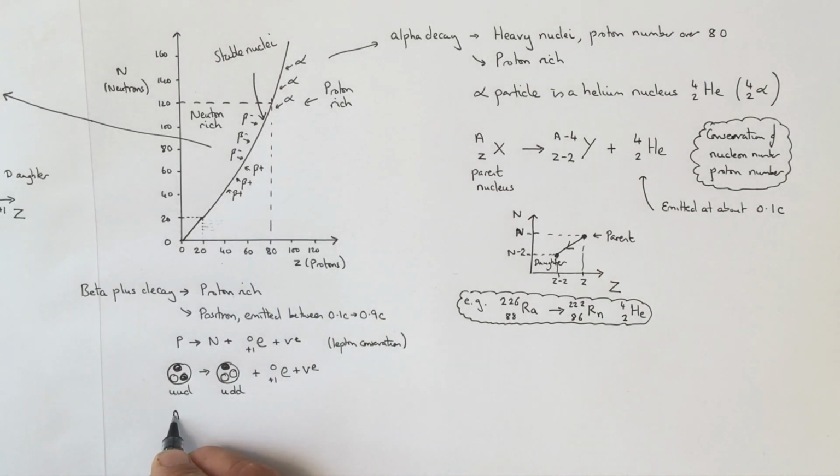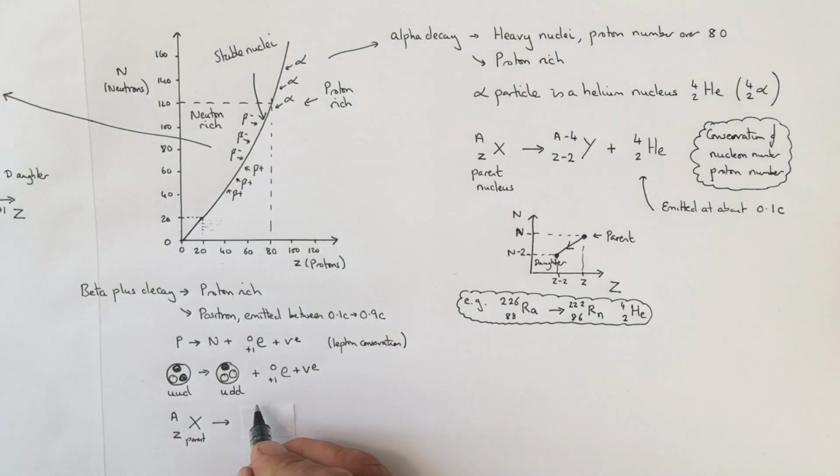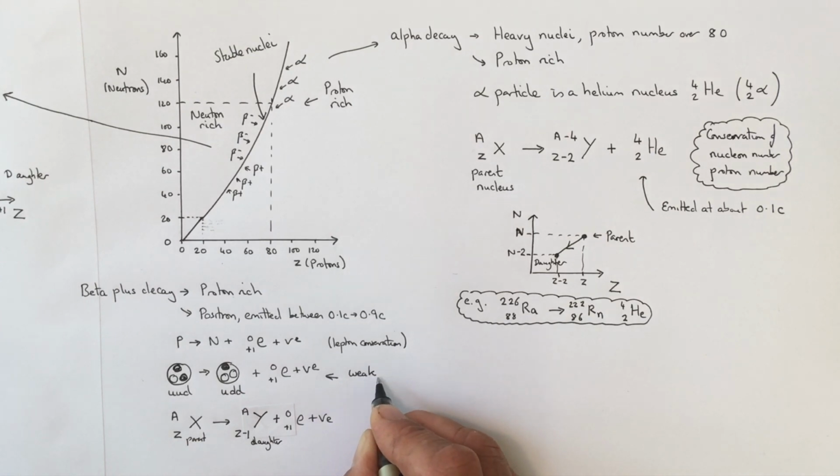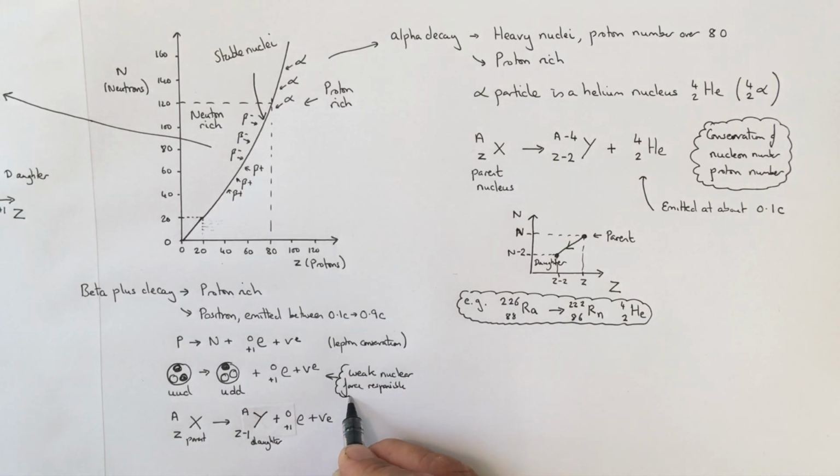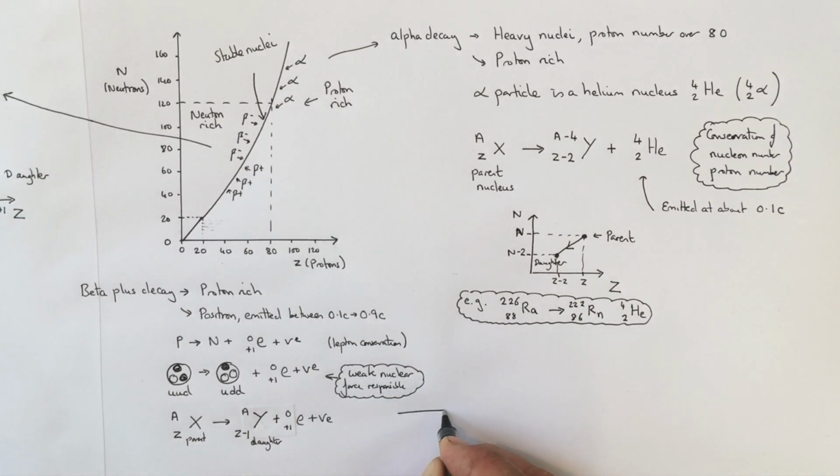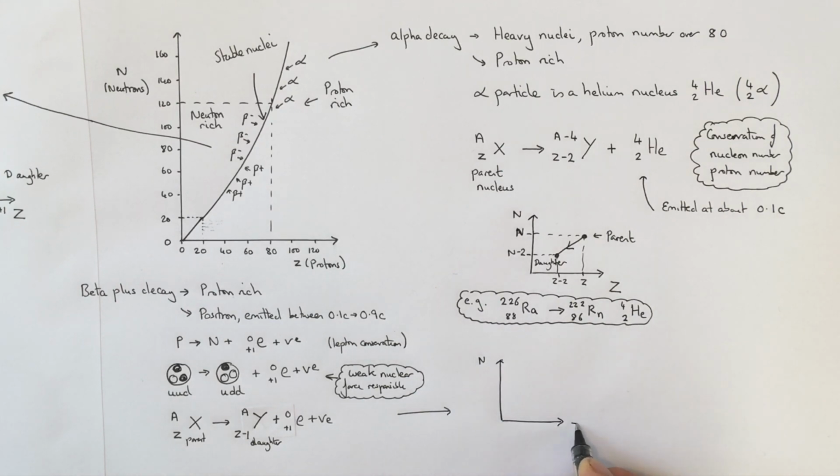So the general equation for beta+ decay, we start with a parent nucleus, and this time one of the protons is changed into a neutron, so the proton number goes down, Z-1. The nucleon number of protons and neutrons overall stays the same. Again, the weak nuclear force is responsible for beta+ decay. Finally, plotting the neutron-proton graph gives us the following.